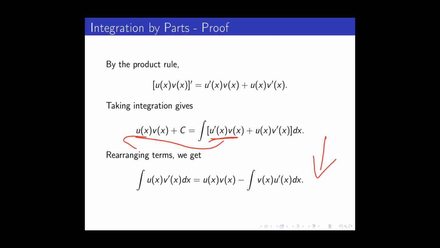Now the C here disappeared because in both sides there are integrals, and for each integral there's an undefined constant. So this is okay. Actually, in here you cannot erase this, because here you have an arbitrary constant, while on the left hand side you do not have it. So you must have C here. But once you move one of the integrals to the other side, then you don't need this C anymore.